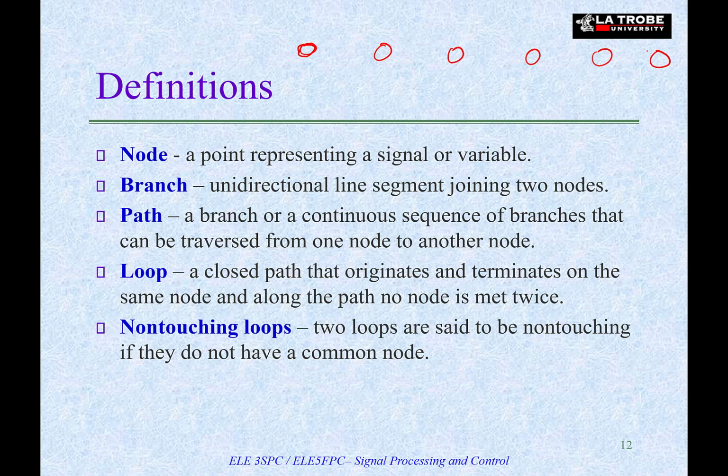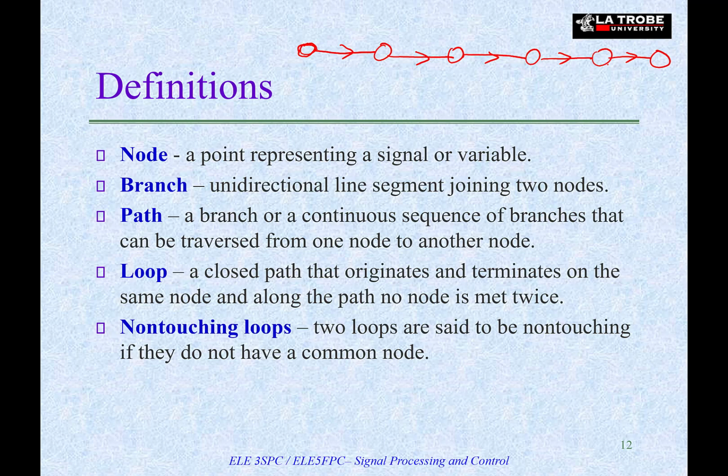A branch is a unidirectional line segment connecting two nodes. So now I'm drawing some branches. And the branches should always have a direction. And this direction shows the flow of a signal.